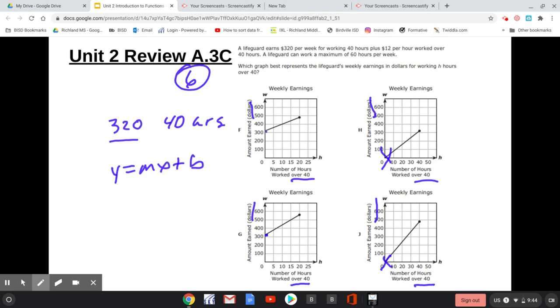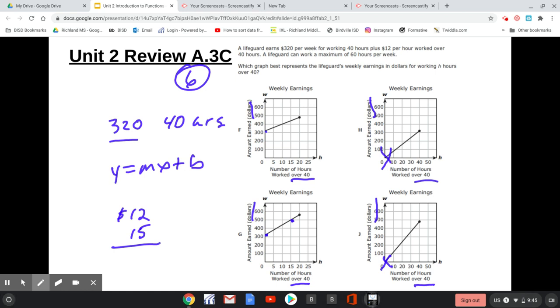And now we just need to see if he worked 5 hours. Let's see if I have an exact point. Here's an exact point. So I'm going to see if this number works. So if he gets $12 per hour over, and he works an additional 15 hours, let's see what that number would be.